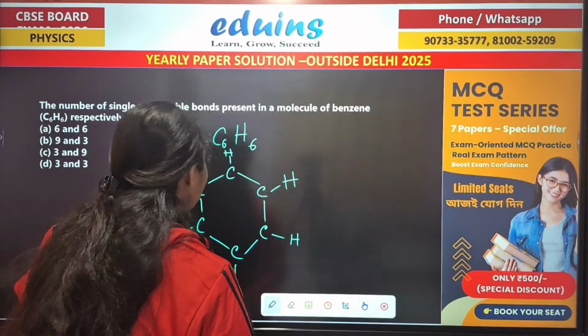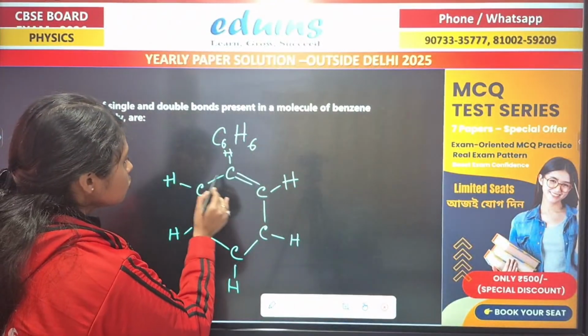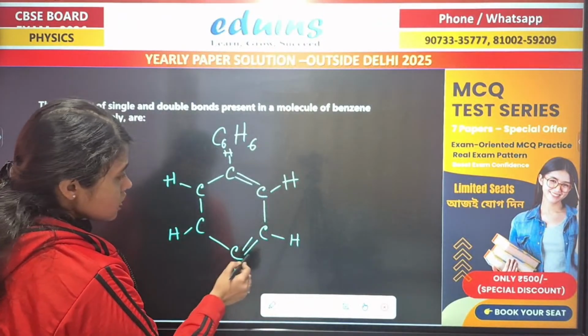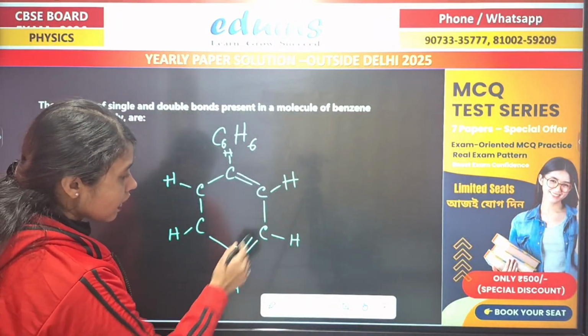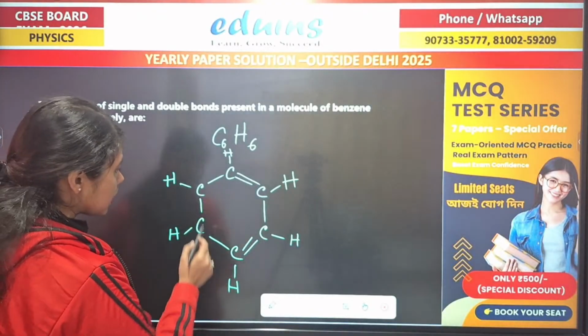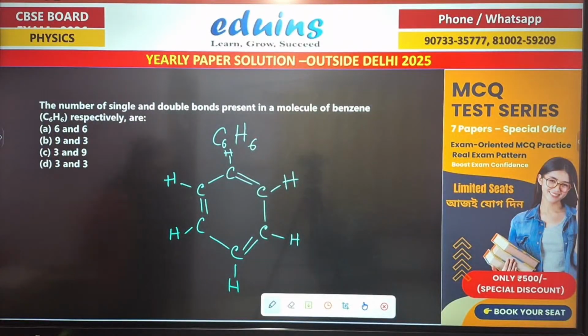And now the bond number is 1, 2, 3. This is not correct. So 1, 2, 3, 4 for this carbon, and for this carbon 1, 2, 3, and 4. So this is the correct structure of the benzene ring.